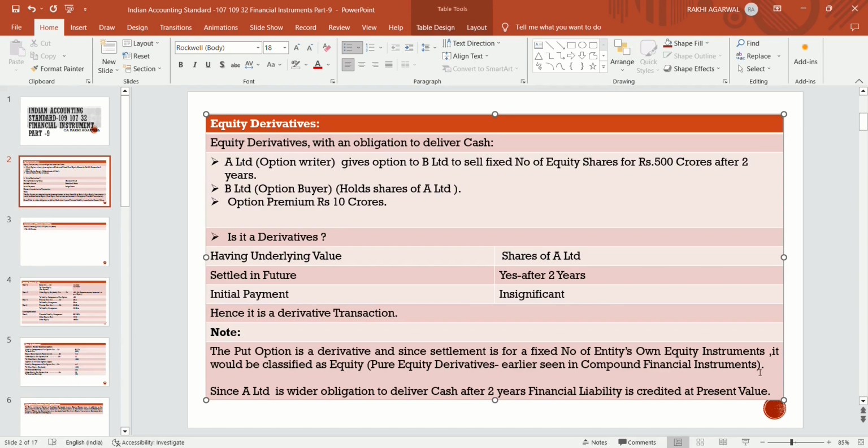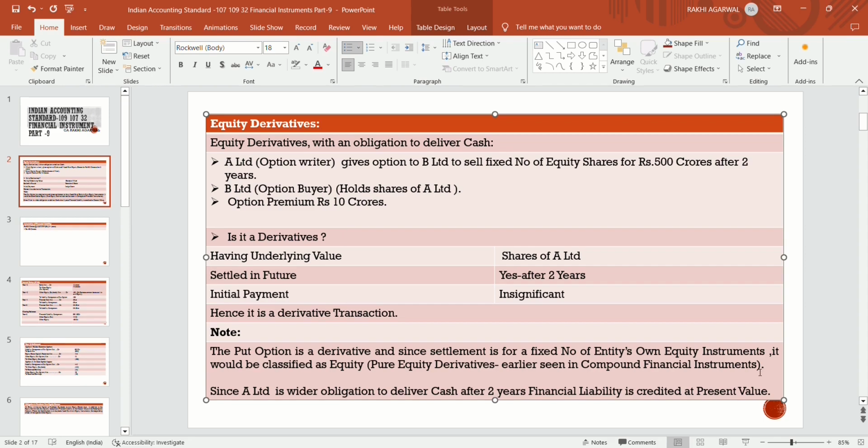So B Limited, who is the option buyer, holds the shares of A Limited, and A Limited, who is the option writer, gives the option to B Limited to sell a fixed number of equity shares for rupees 500 crore after 2 years. Option premium is rupees 10 crores.